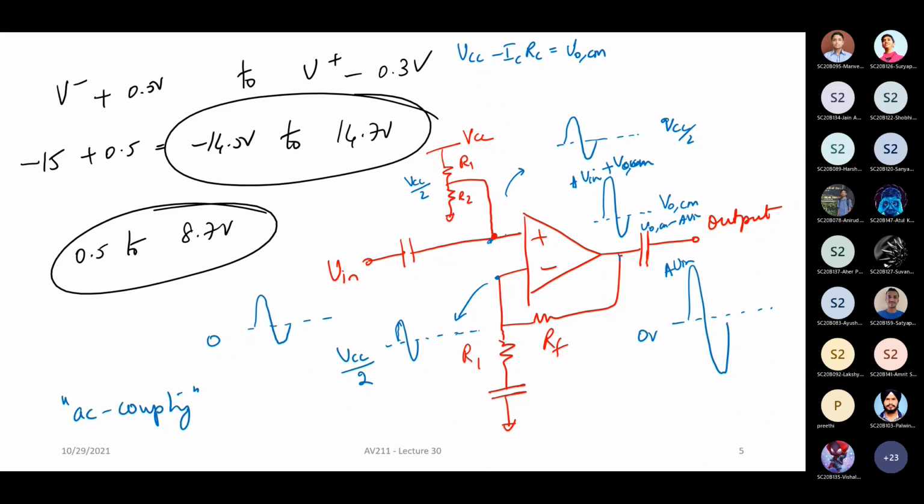So let me call it VODC. All right. So you have some DC voltage at the output of your op amp around which this is going to swing. And then you put a series DC blocking capacitor, and that will take care of stripping it of its DC. All right.